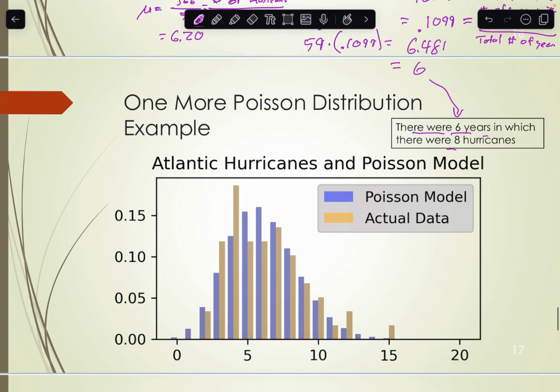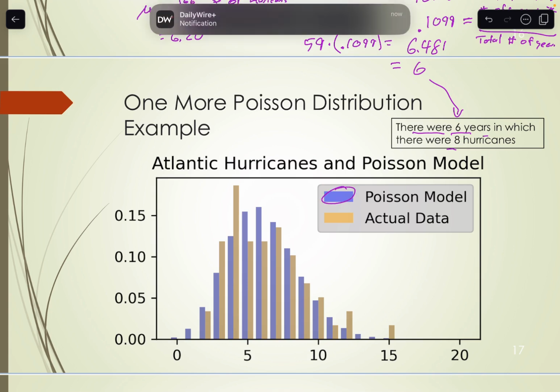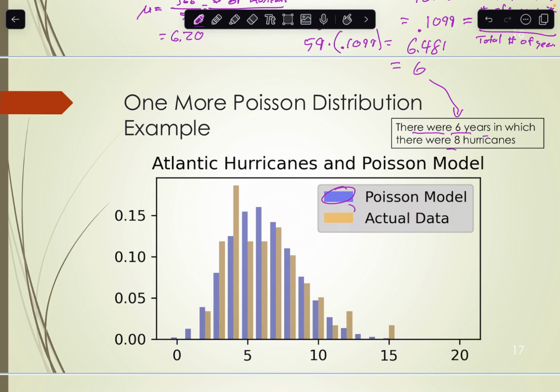Now, this plot shows me the bar chart. It gives the probability of the Poisson distribution in bluish purple color against the actual data, which is in that gold, orangish color. What do you make of this plot?